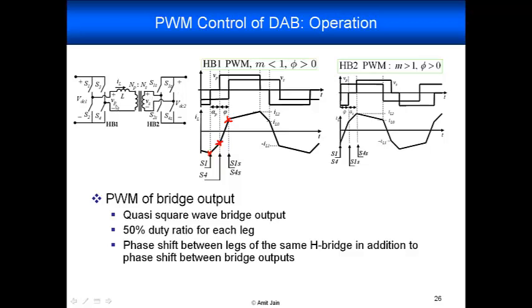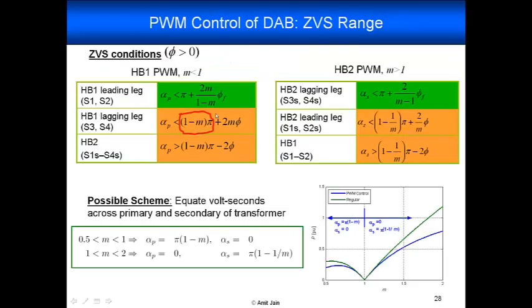So the duty cycle that we are introducing for VP times VDC1 is equal to VDC2 prime, that is VDC2 reflected to the primary side. So that's what gives us extended soft switching for both HB1 and HB2, all of the switches, and we can derive similar conditions for the case when m is greater than 1.